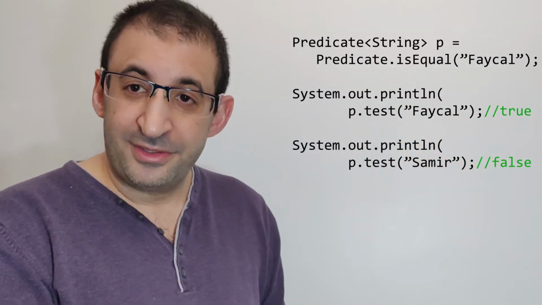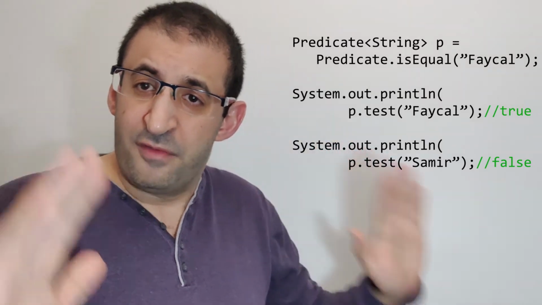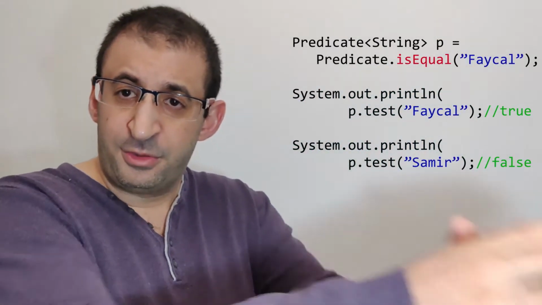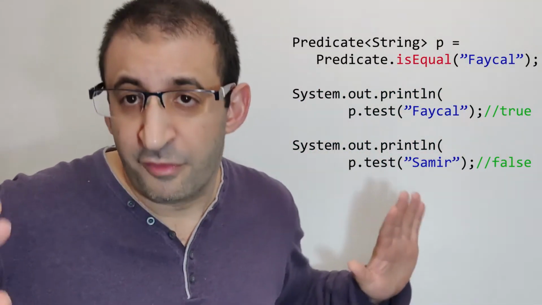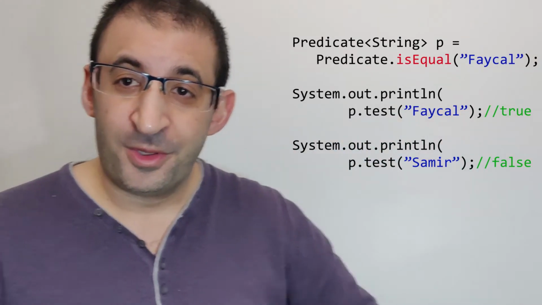Here I have used the isEqual method to check if the future objects are equal to Faisal or not. So I will go to the computer to see this example, and after this, I will come back to make another predicate for employees management. So let's go.